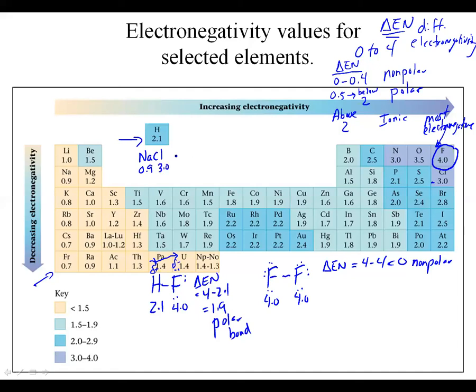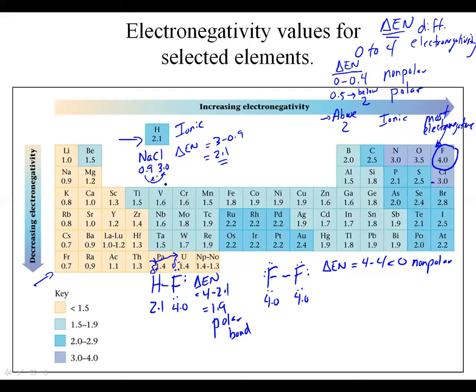So when we do the difference in electronegativity, we will get 3 minus 0.9. That gives us a value of 2.1. And again, that is above 2, and that would tell us that this is going to be an ionic bond. The electrons will be transferred from the sodium to the chlorine.